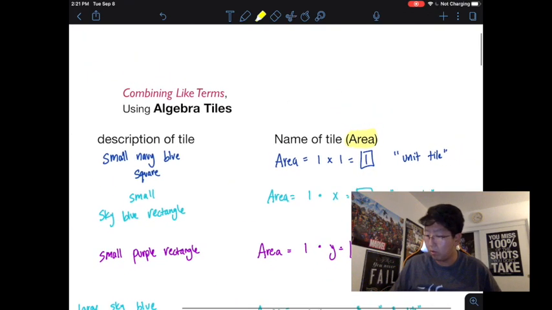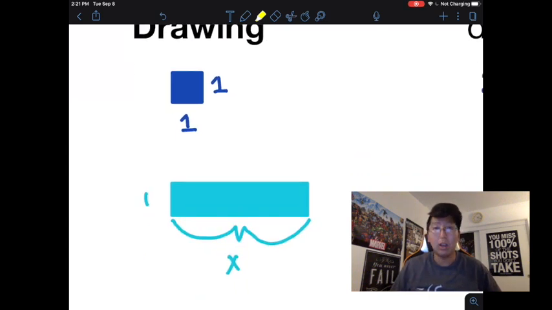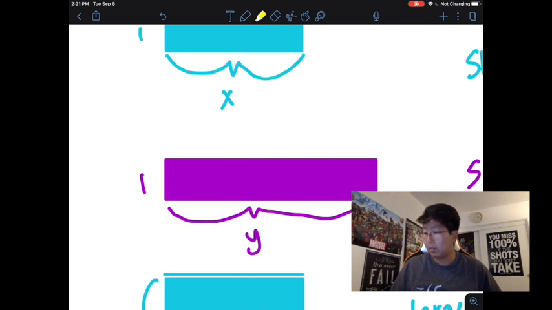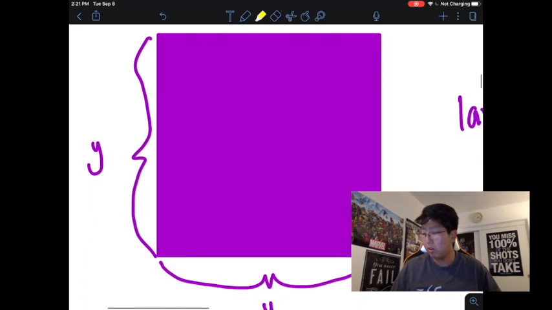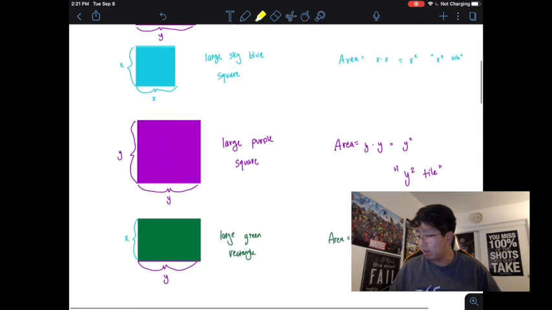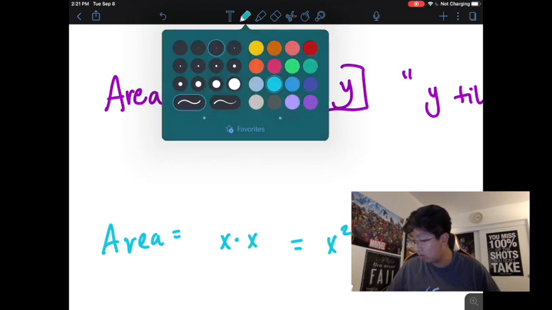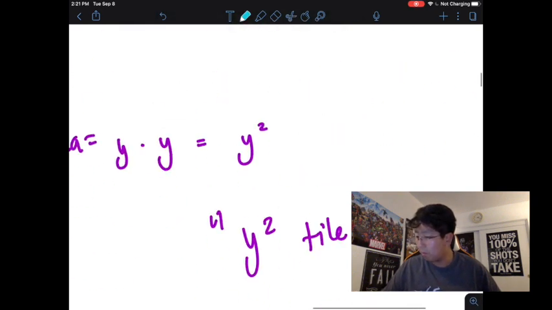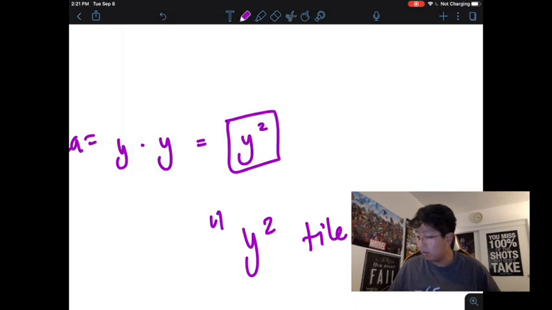So this unit tile is 1 by 1, so it's 1 unit. 1 times X, which is X. 1 times Y, which is Y. X times X, which is X squared. Y times Y, which is Y squared. And X times Y, which is XY. So that's how we got all of these names. All right, I'm going to go ahead and box these because I did them for all the other ones. Purple.